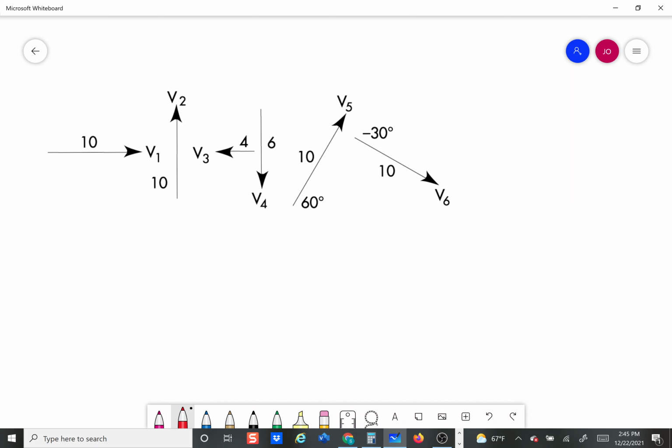With the last couple questions, I really just want to see if you guys can do it. We'll see that vector 1 goes 10 this way. And then what it's telling you to do is connect them head to tail. So this goes 10 this way, and then this one goes 10 this way. And then it goes 4 this way, and then 6 this way.